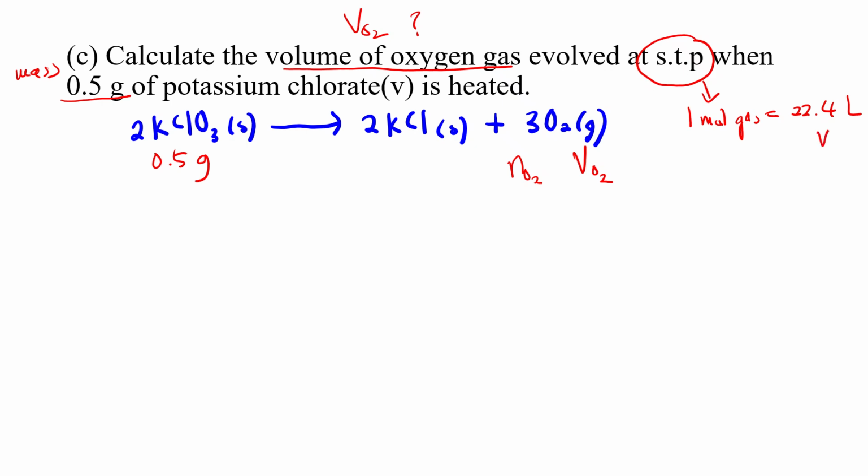Nak cari volume, kena ada N. But now we don't have the N untuk oxygen gas. But we have mass untuk potassium chloride here. So, buat step by step. Siapa yang ada mass, cari N untuk dia dahulu. So, the first step ini adalah kita cari mole of this potassium chloride.